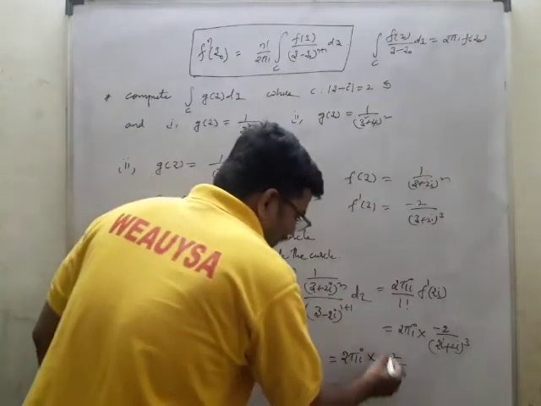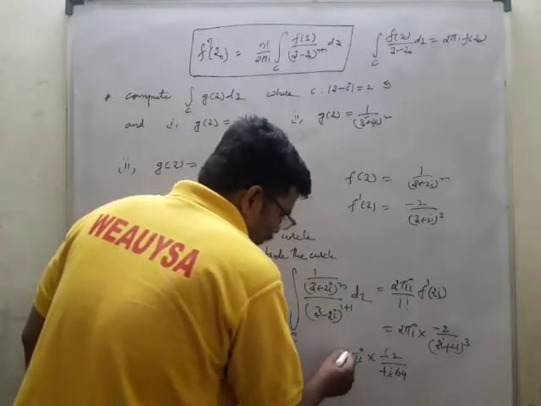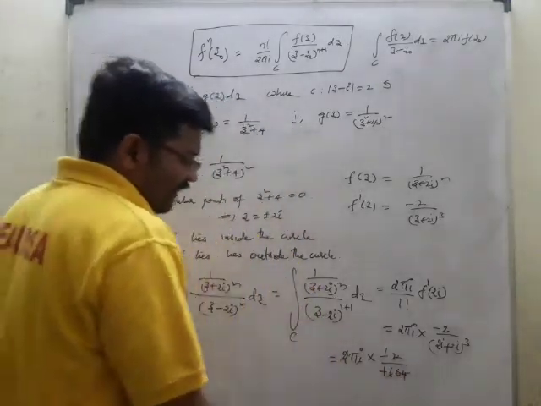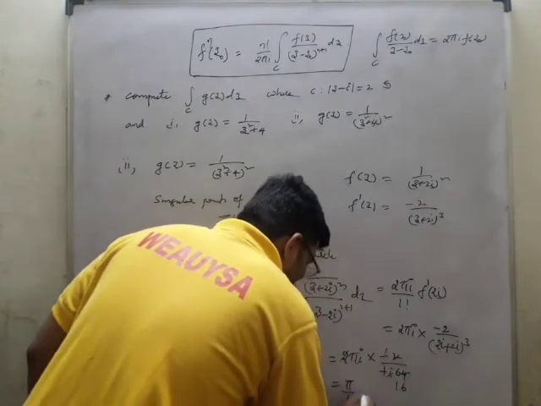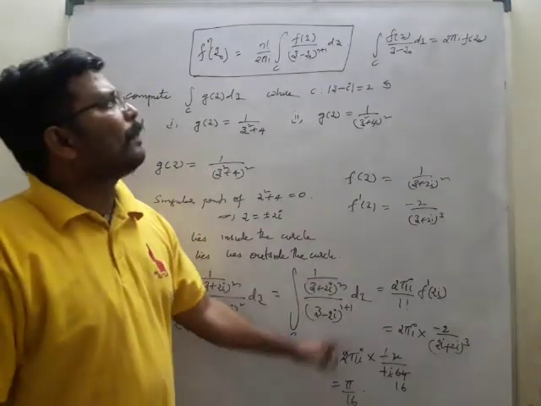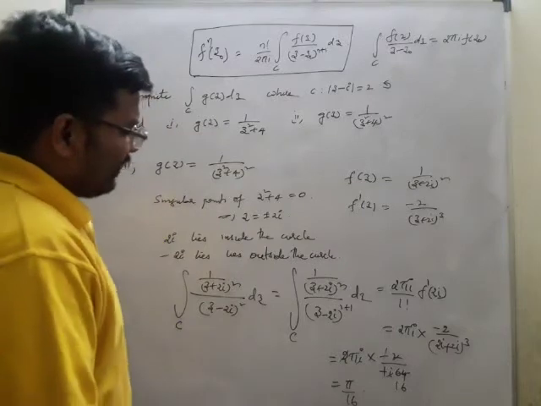So minus and minus get cancelled, the i gets cancelled, and 2 fours are 16s. So you will get pi by 16 as the answer for this. So this is the way to apply Cauchy's integral formula for the derivative.